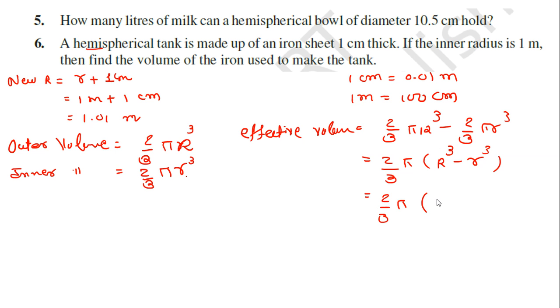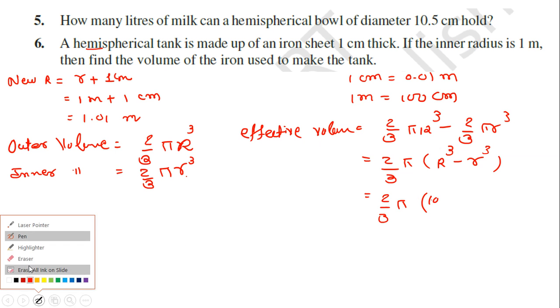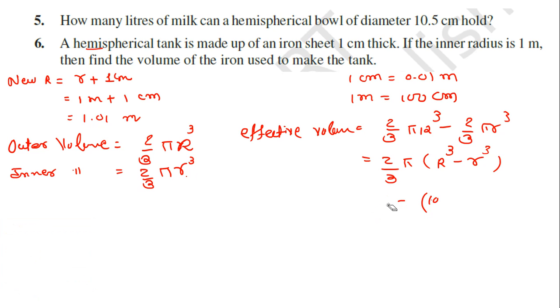Inner is already 1, so with inner we don't have any problem. 1.01 cube we can multiply, but I'm thinking if possible we can do something. Yes, 101 by 100, but that we have to write three times, 101 by 100. One minute. This is a long term, so I'm going to write here, not here.